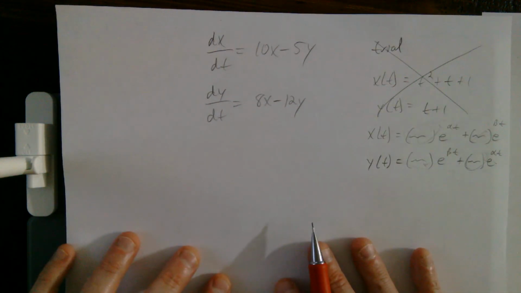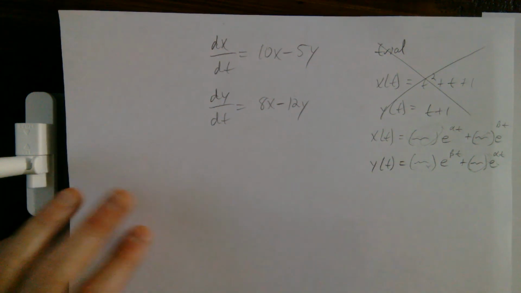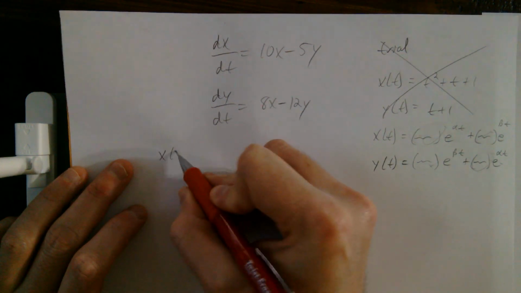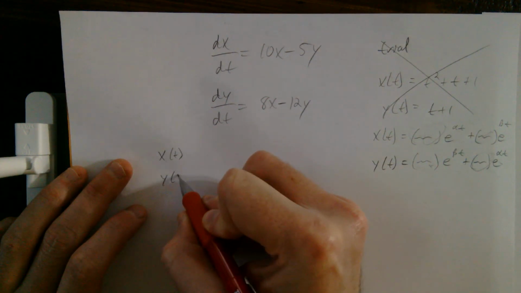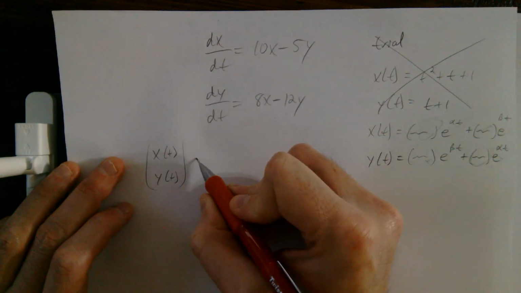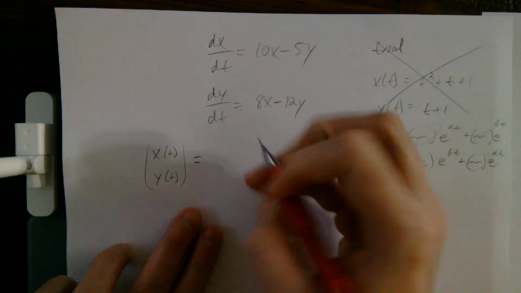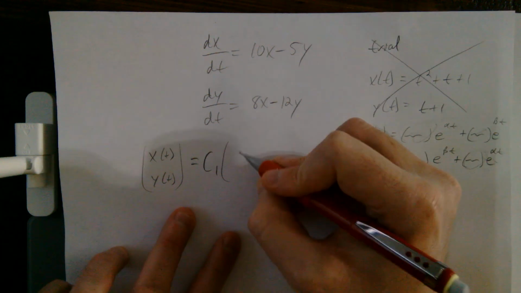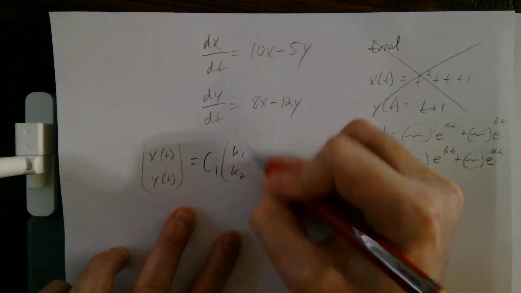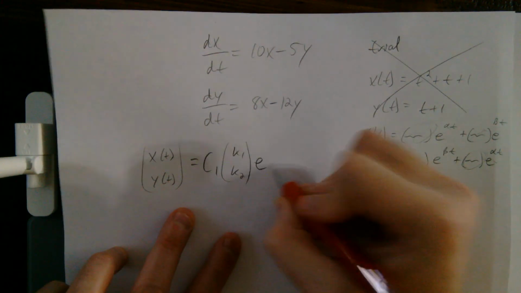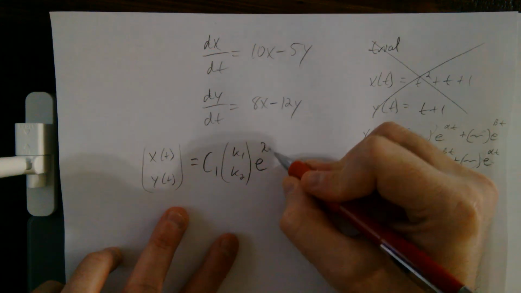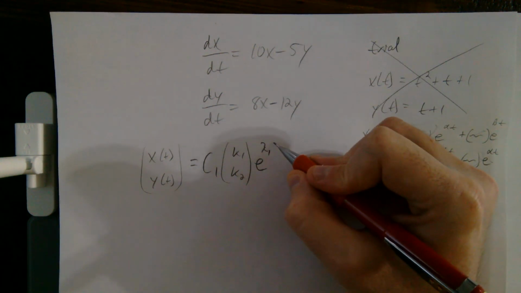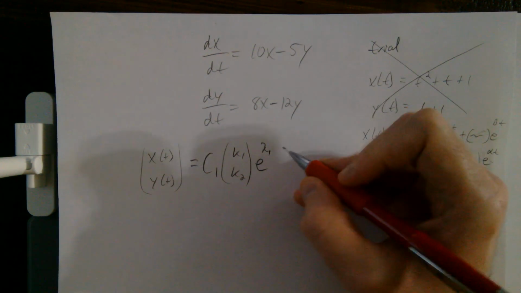So that's basically what you're doing, starting with the general solution for a differential equation like this. I'm going to start off with the general form, and we're going to use the eigenvalue method.